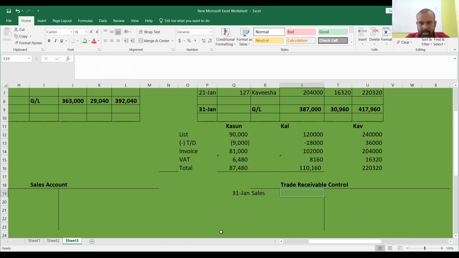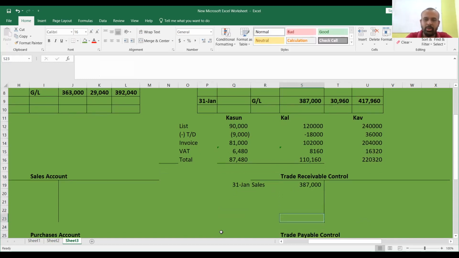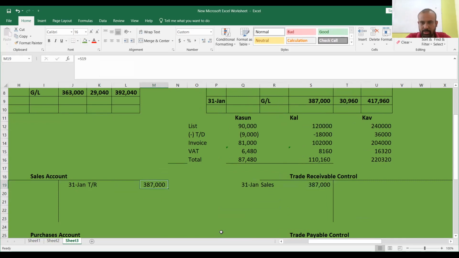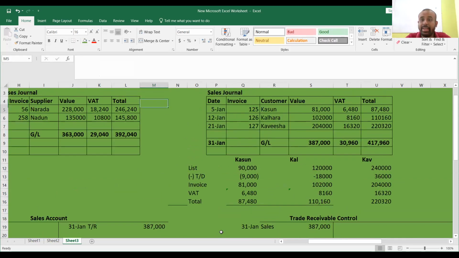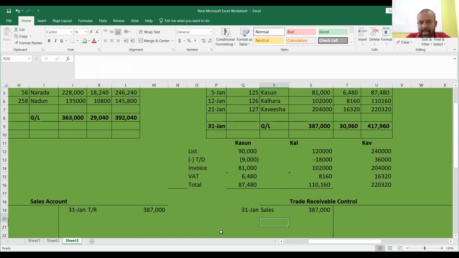Sales 387,000. Since it is an income, you need to credit it to the sales account. That value column will be debited to the trade receivable and credited to the sales account. Next, value added tax 30,960. We also need to collect that from the customer.